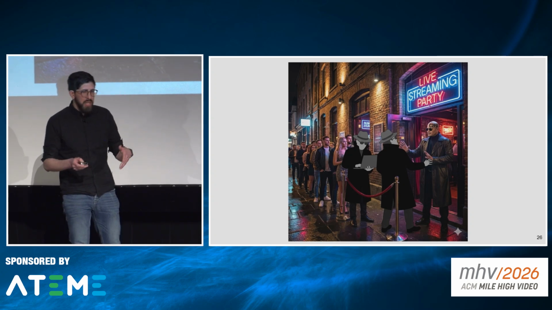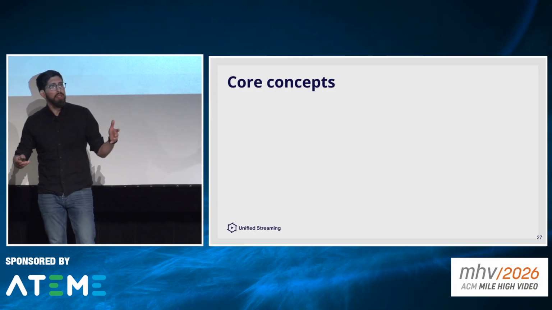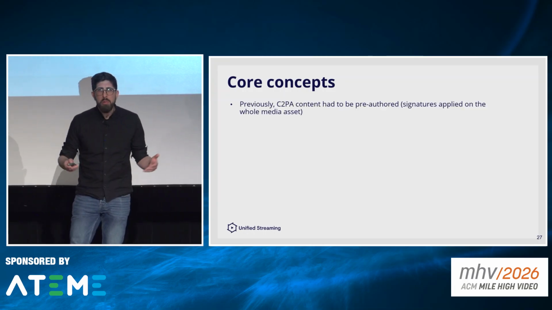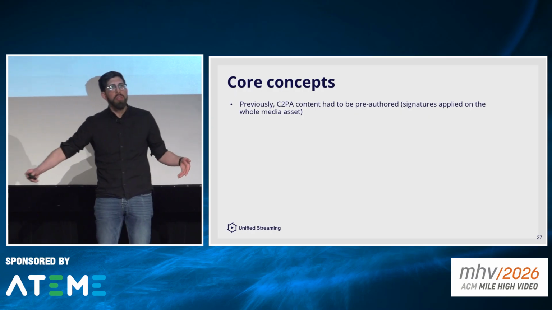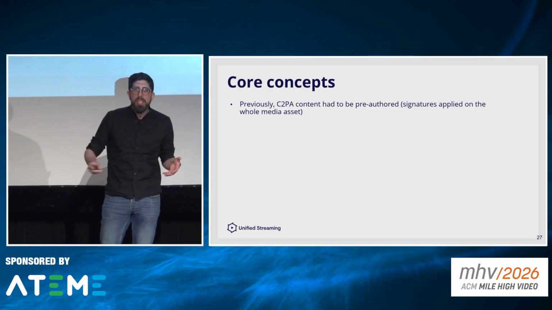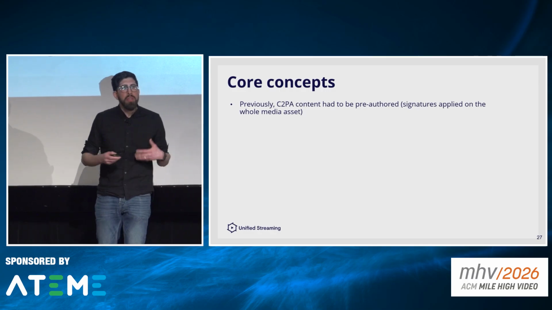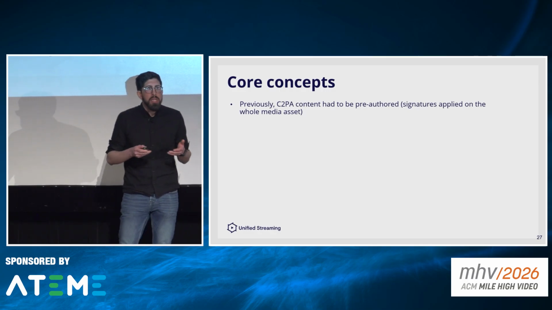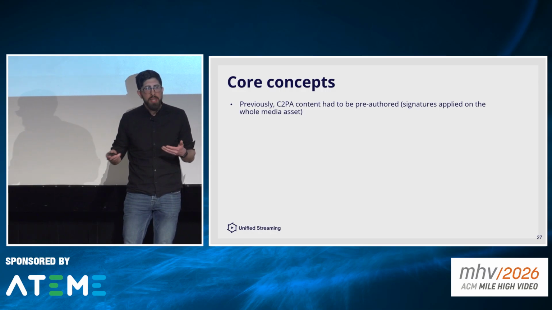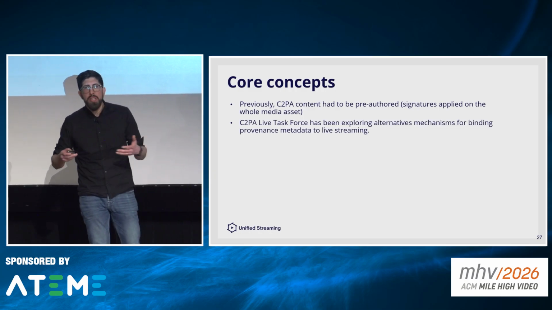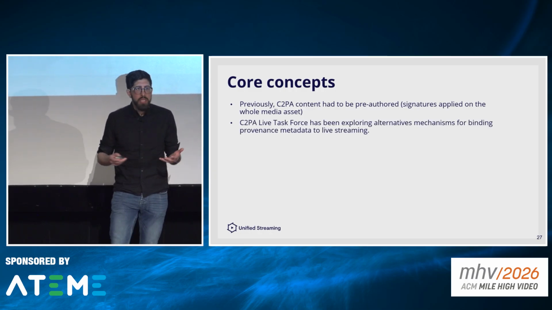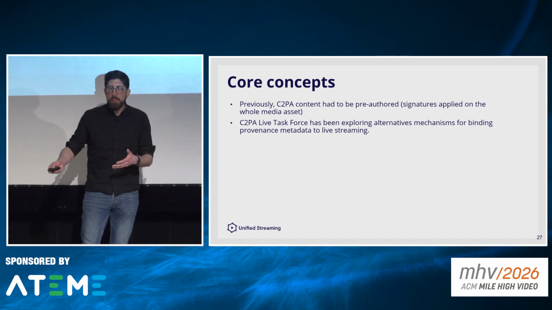So let's go back a little bit to the core concepts. Previously, C2PA content had been pre-authored. For the case of VOD, you need to have the whole content in order to generate a binding. And for live streaming, it is a little bit more complicated because you always have new data to be signed. So the C2PA Live Task Force has been exploring different alternative mechanisms for binding to live streaming.